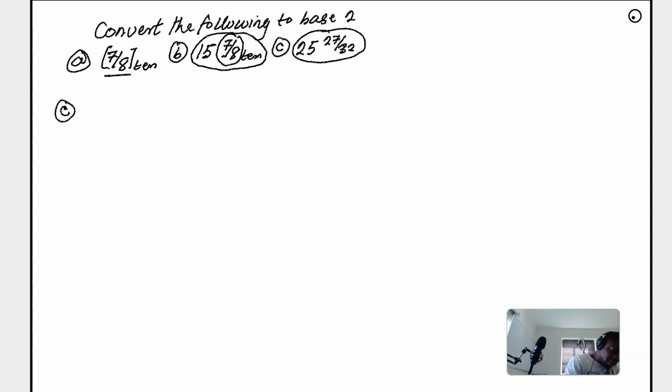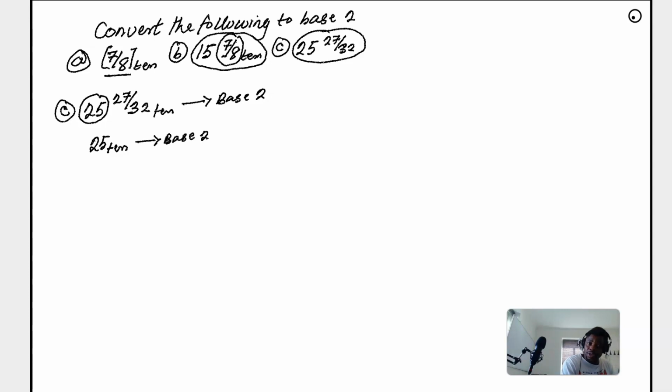So 25 and 27 over 32 in base 10. We are converting to base 2, okay? Remember, there is a whole number part of this. You already know how to do this, definitely. You are converting from base 10 to base 2. This is successive division. From my previous video, you can check that out. So this is going to be divide by 2, okay?